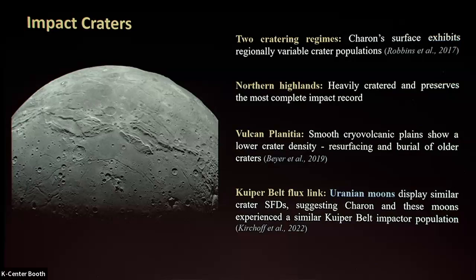And again, this last point: the moons have probably all experienced the same impact flux, and so moons that do not have a consistent crater population must be telling us that some other additional population affected the evolution of those moons. Next slide.